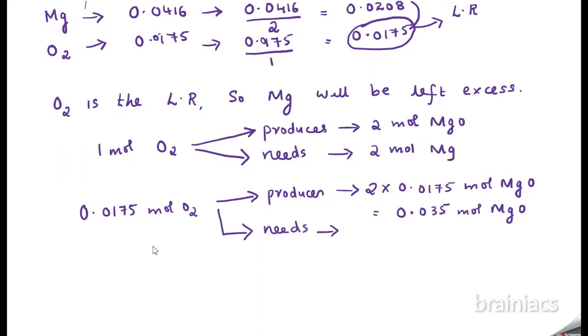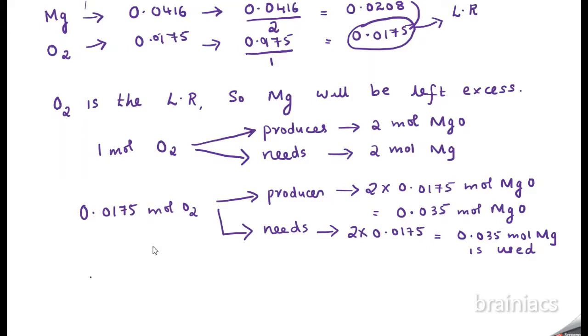So this will become 2 into 0.0175. Again you will get the same answer, that is 0.035 mole magnesium is used. Now tell me how much magnesium will be left in excess.